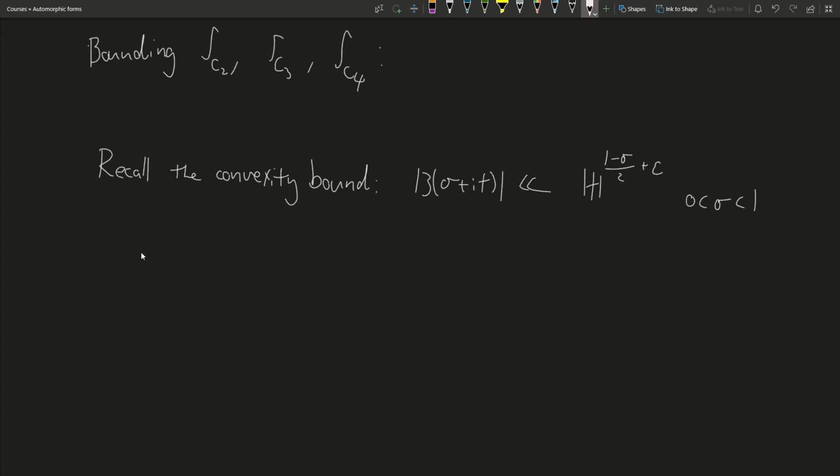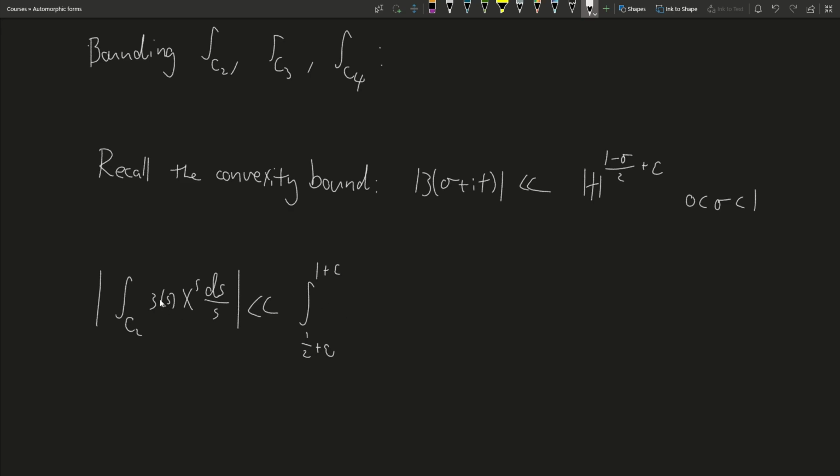So let's use this in the integral for C2. So the integral along C2 of zeta of s, x to the s ds over s. When we bound this, we're just going to think about this as an integral in sigma. So it's going to go from 1/2 plus epsilon to 1 plus epsilon.